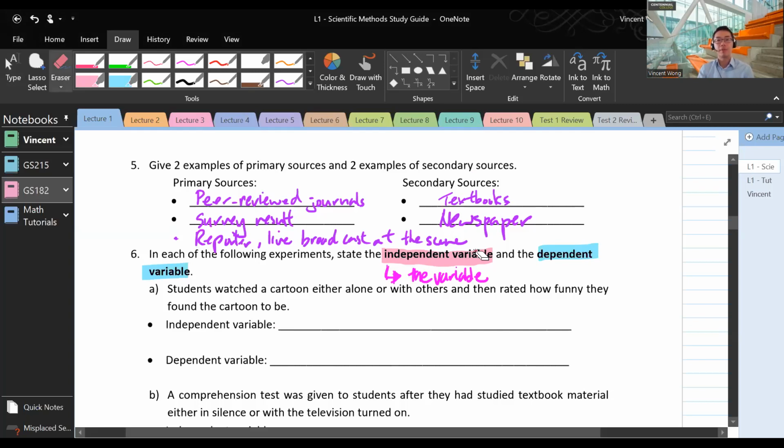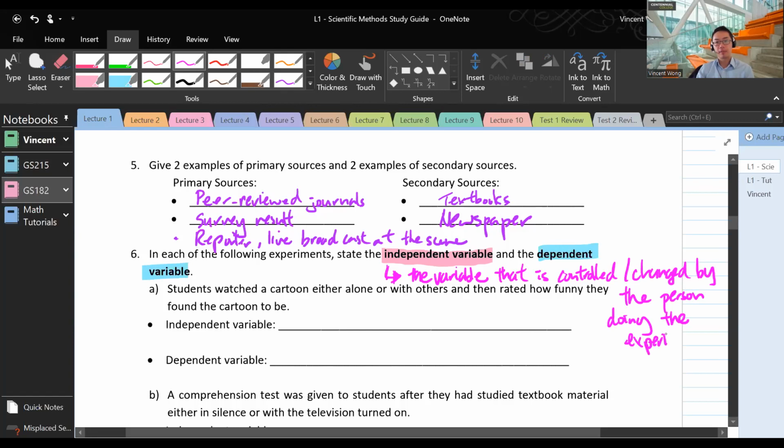So the independent variable is the variable that is controlled or changed by the person doing the experiment.